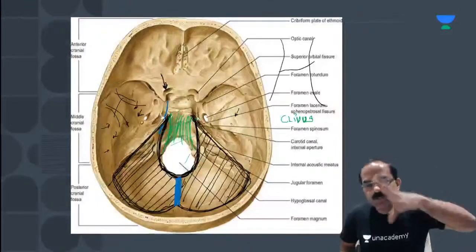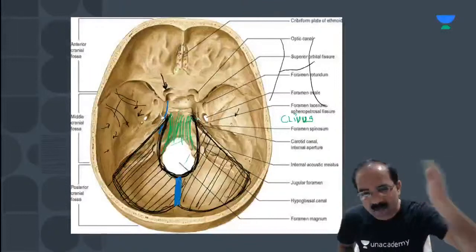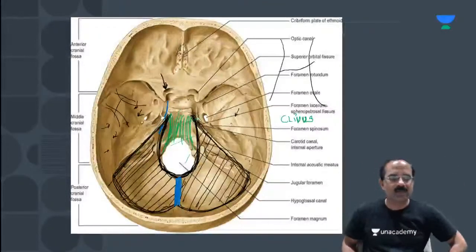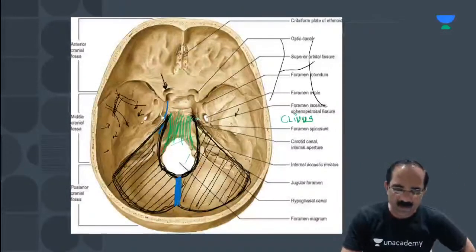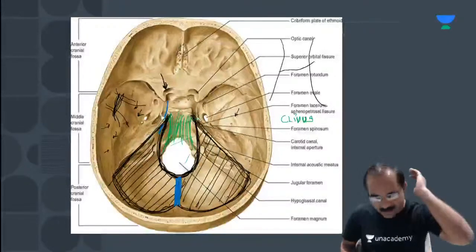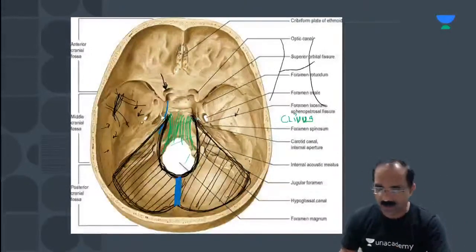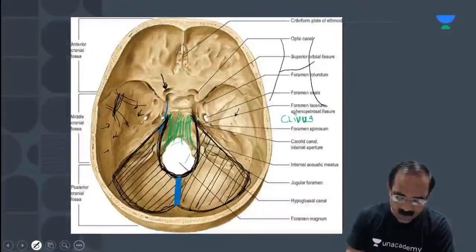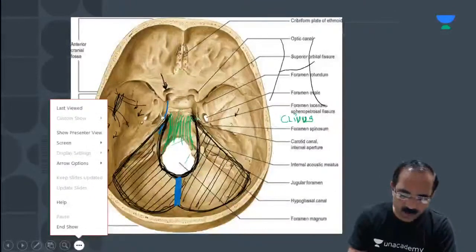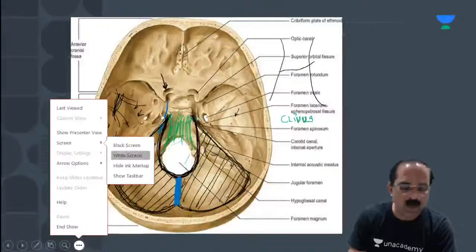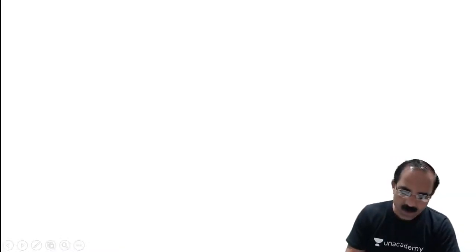And what lies deep to the pterion? Can anyone answer this? Another very important MCQ: what lies deep to the pterion? That's the anterior branch of middle meningeal artery. Very good.